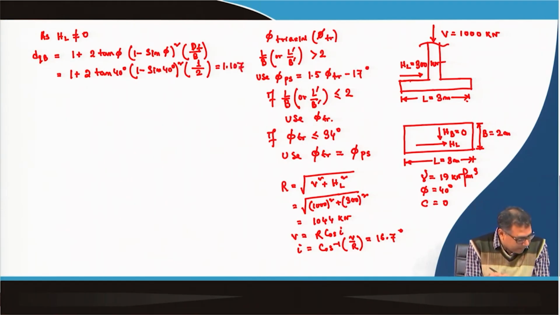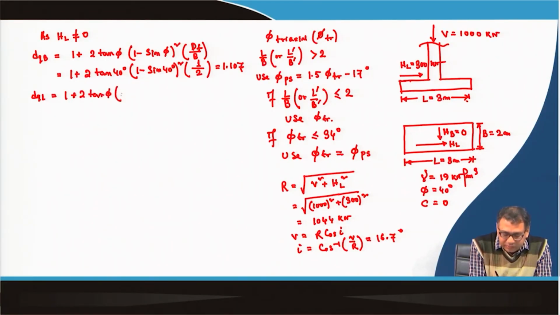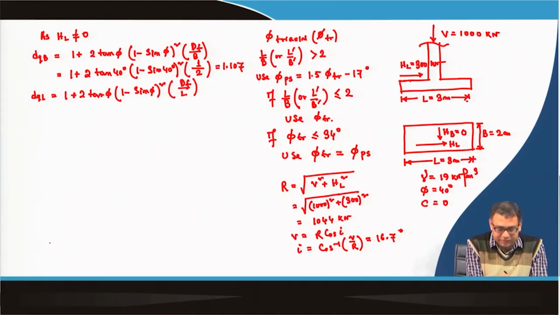Okay. Now, I will go for dqL. That is 1 plus 2 tan phi, 1 minus sin phi square, Df by L, because this is dqL.